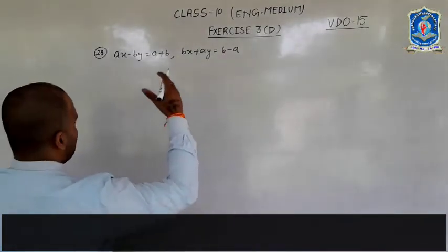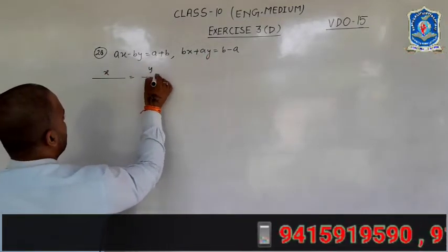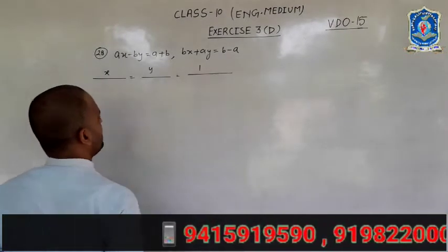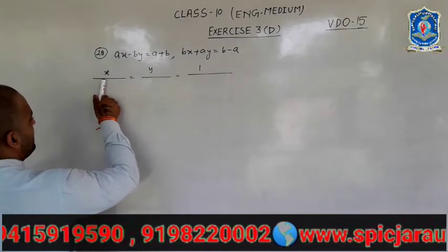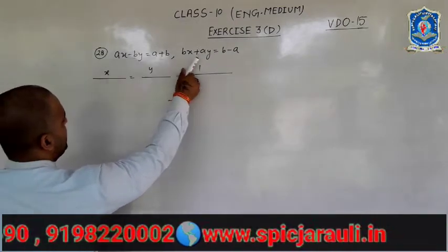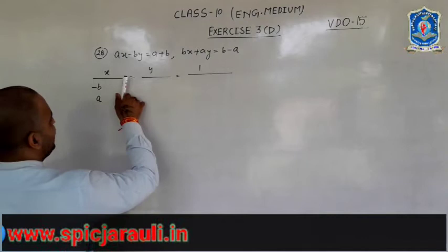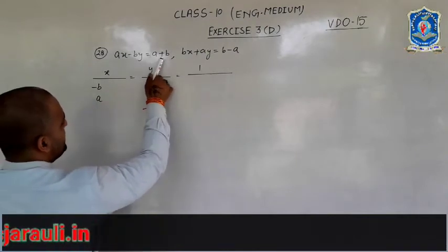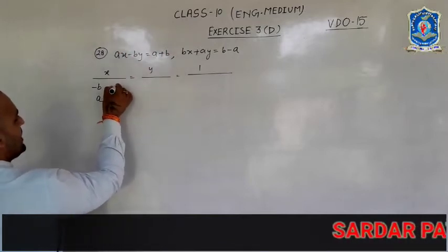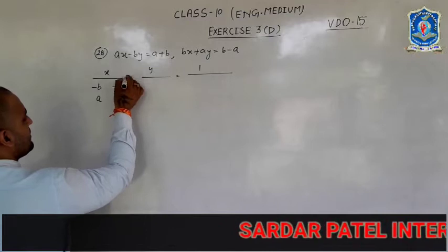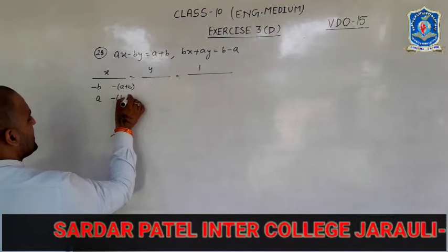Now in the cross multiplication method, I start with x upon, y upon, 1 upon. Here for x, we take minus b and a, minus b and a, and here are b1, b2, c1, c2. Then c1 is minus a plus b, and c2 is minus b minus a.